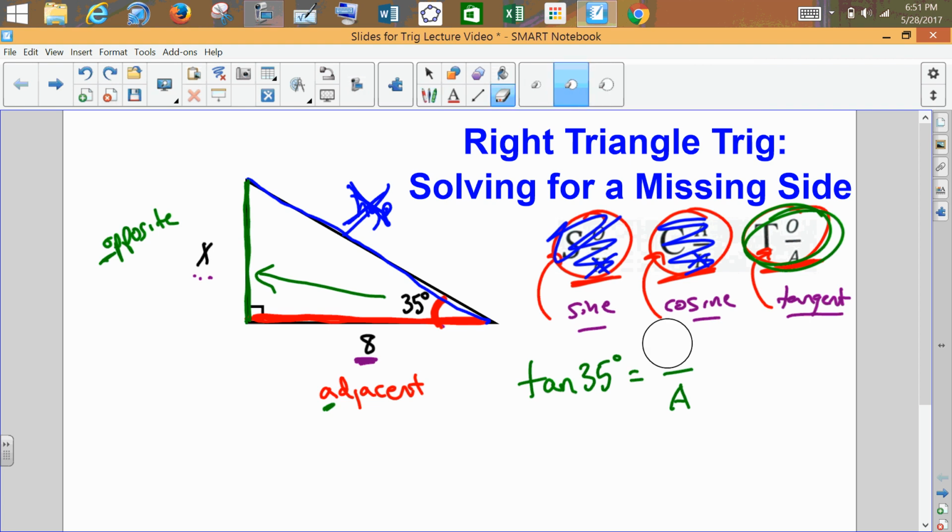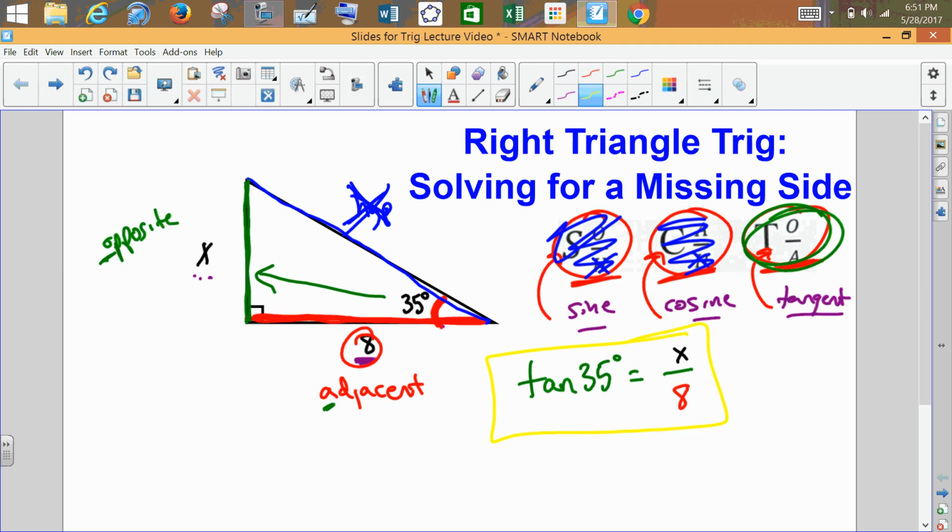My opposite side is x, which I'm solving for, and my adjacent side length is 8, the one that I know. So here is my trig setup: tangent of 35 is equal to my opposite side x over my adjacent side 8. So this is my setup.